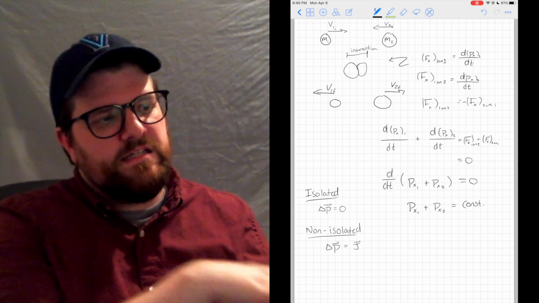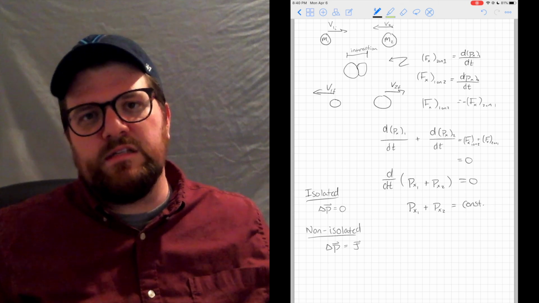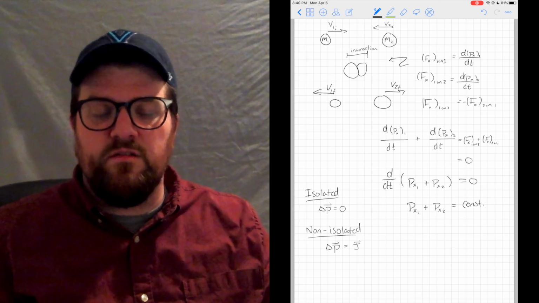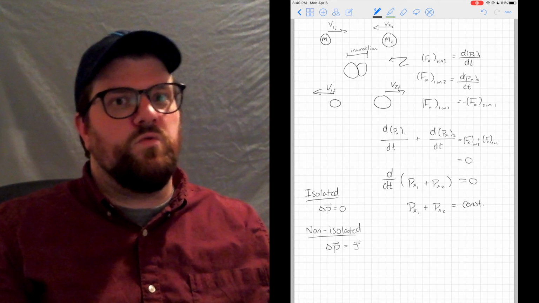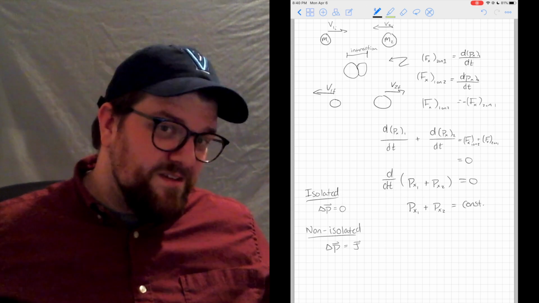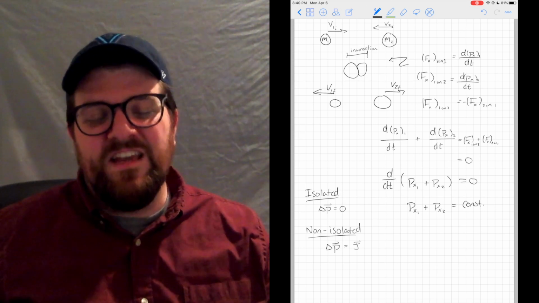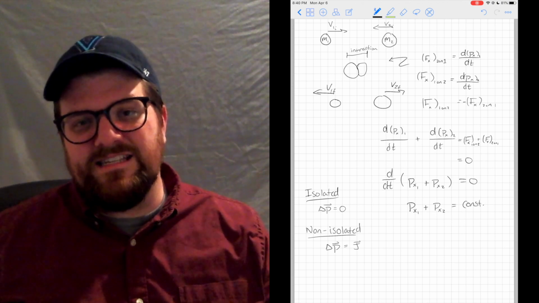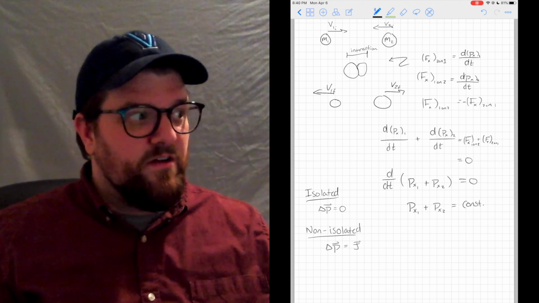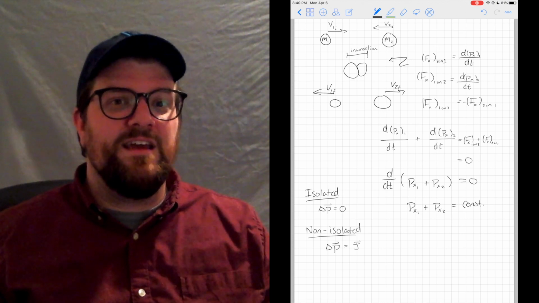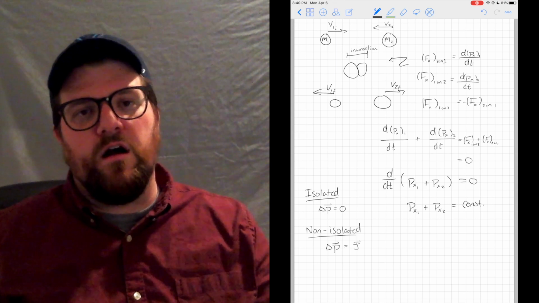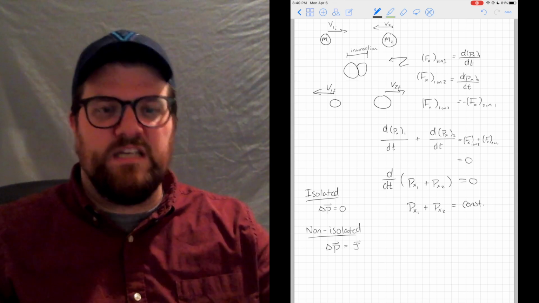The wall is connected to the building is connected to the foundation is connected to the earth. Ooh, the earth is really, really big, right? So if I'm thinking about a non-isolated system, I'm probably thinking about very large systems around me, complicated interactions that are hard to kind of suss out by themselves.